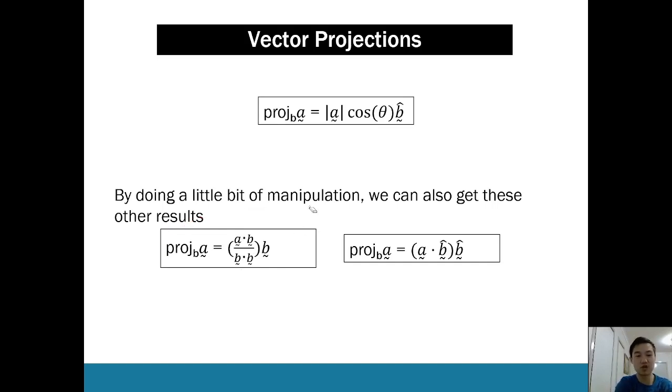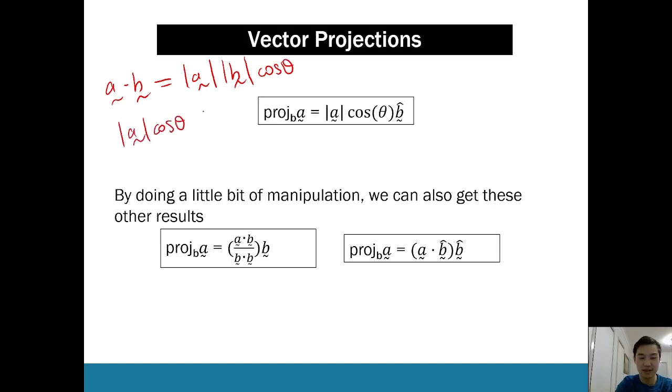It comes from the dot product. We know that the dot product of A and B is the magnitude of A and B multiplied together times cos of the angle between them. So we can rearrange and say that magnitude of A times cos theta is equal to the dot product of A and B divided by magnitude of B.